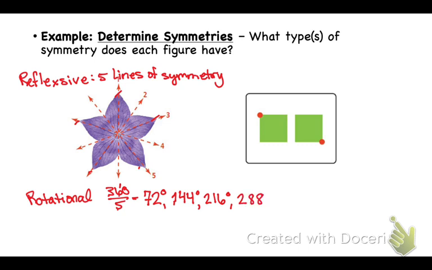Another one? 360. So is there another one? No. All we did was find the first one and keep adding, right? And you stop before you get to 360.